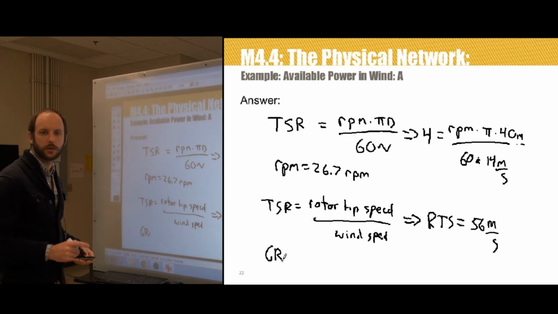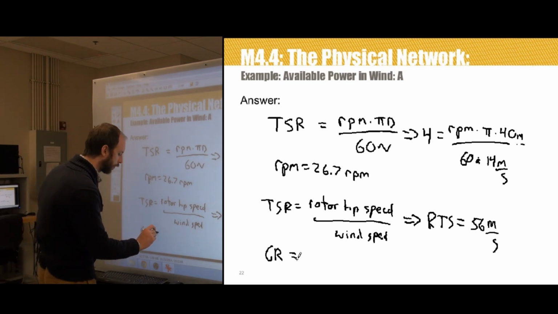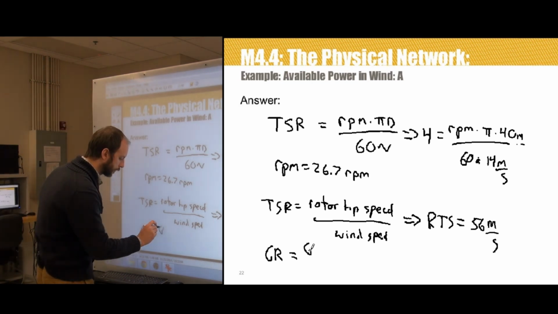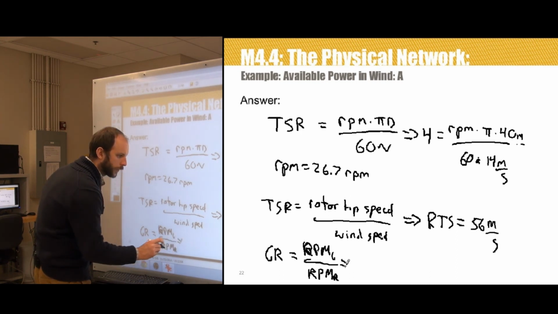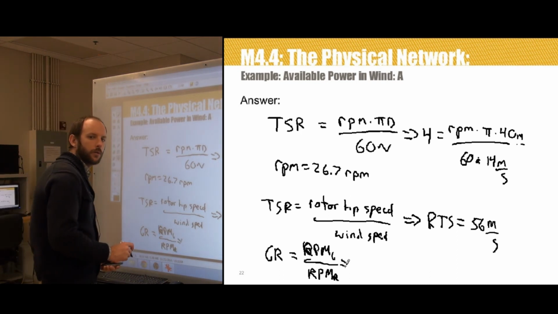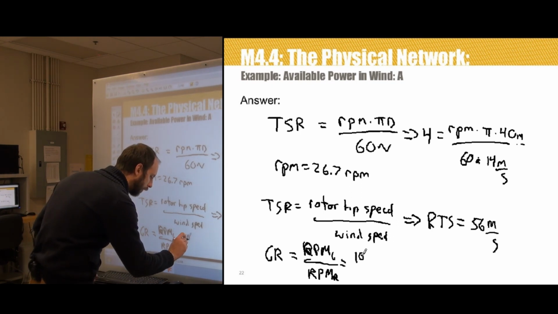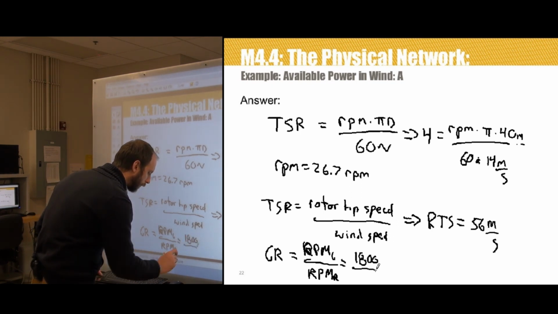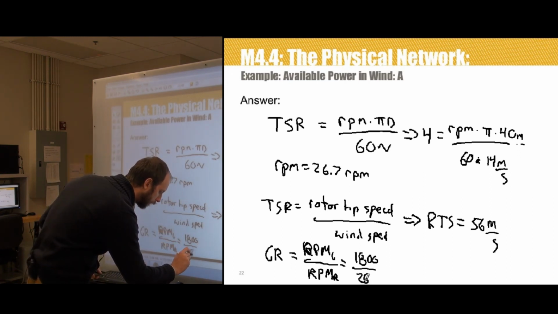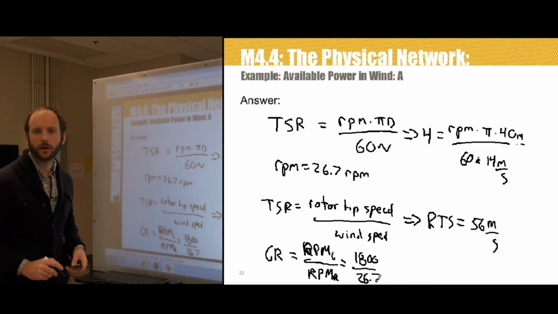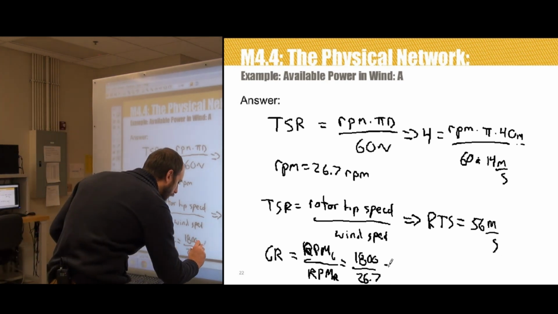Gear ratio is going to be the generator RPM divided by rotor RPM. So that's 1800 revolutions per minute divided by our 26.7 RPM. So we need a gear ratio of 67.4 for this system.